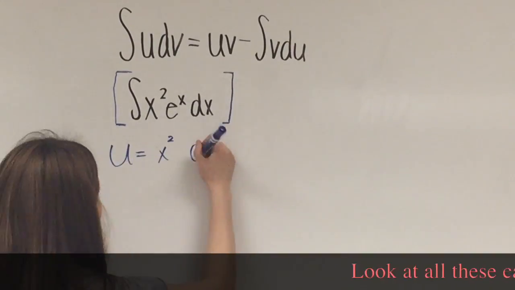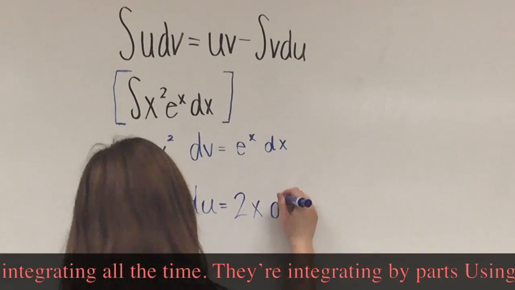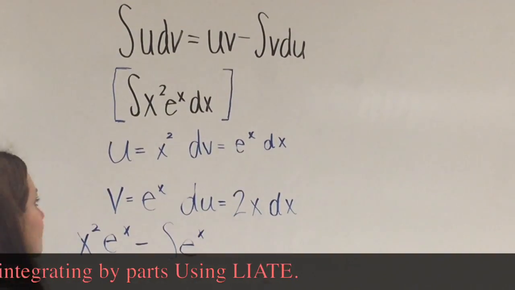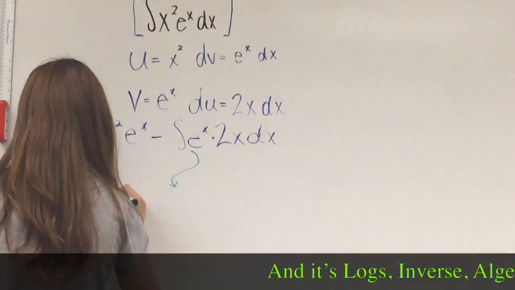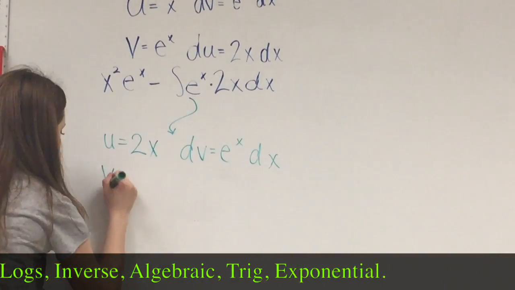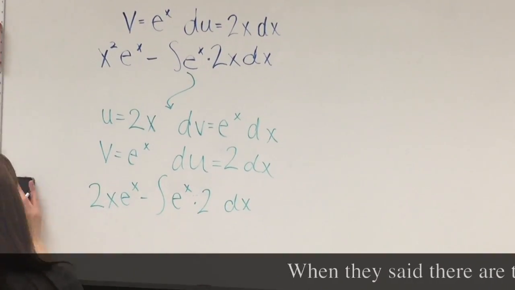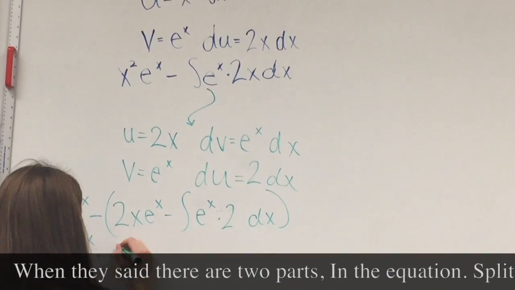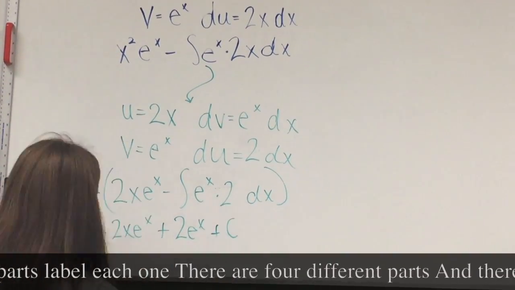Look at all these Calc kids, integrating all the time. They're integrating by parts, using LIATE. And it's logs, inverse, algebraic, trig, exponential. When they said there were 2 parts in the equation, split up parts, label each one.